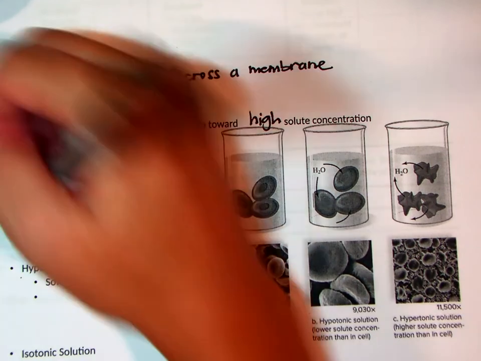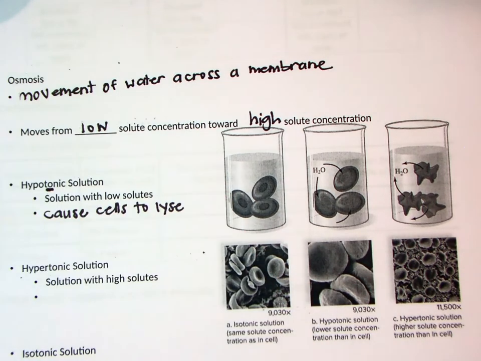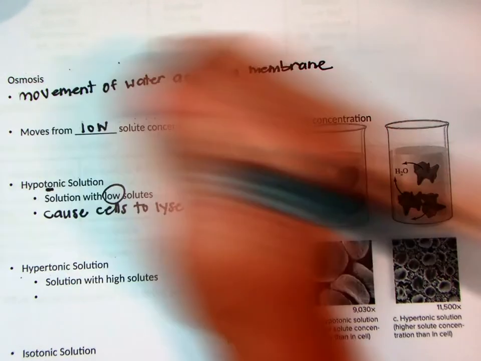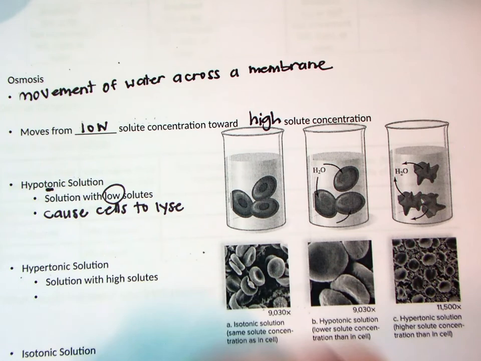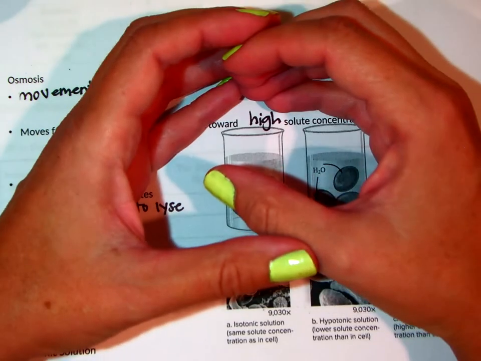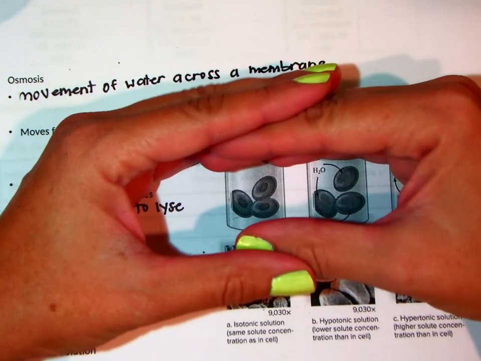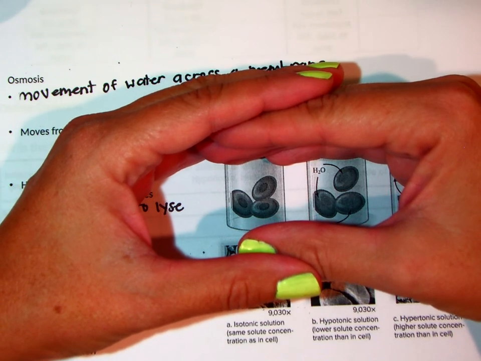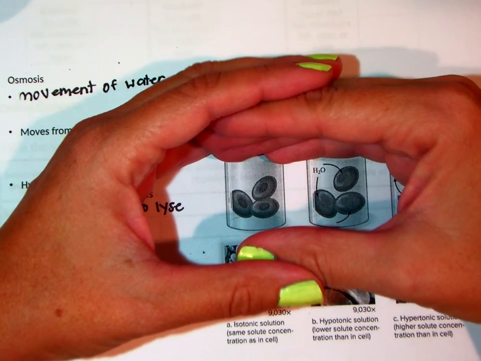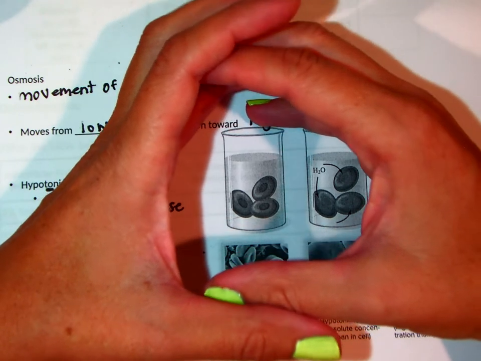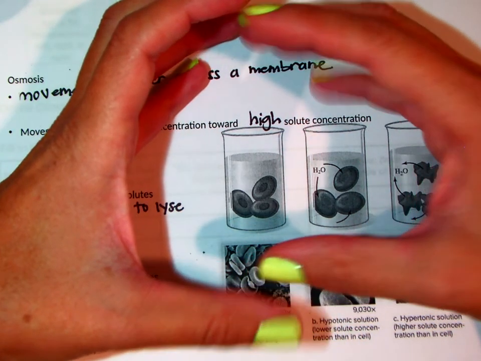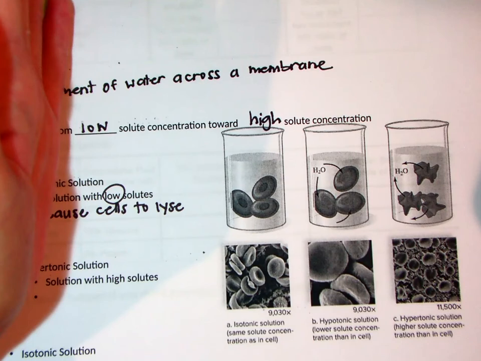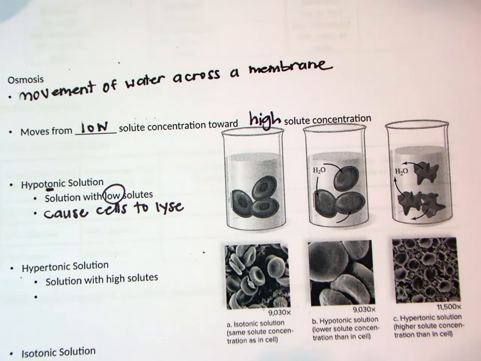So I focus on the O here. Hypotonic means there's a low solute concentration, and then at the same time I also picture the cell. So you've got a cell that's shaped like this, and in a hypotonic solution the water will go into the cell, and the cell will start to expand like a big O, and then could possibly lyse or burst. So that's how I remember it.